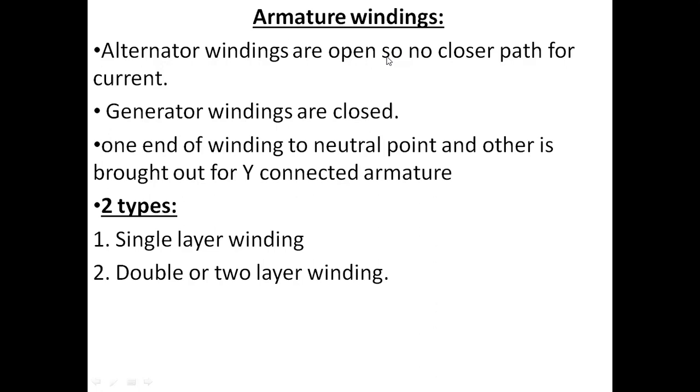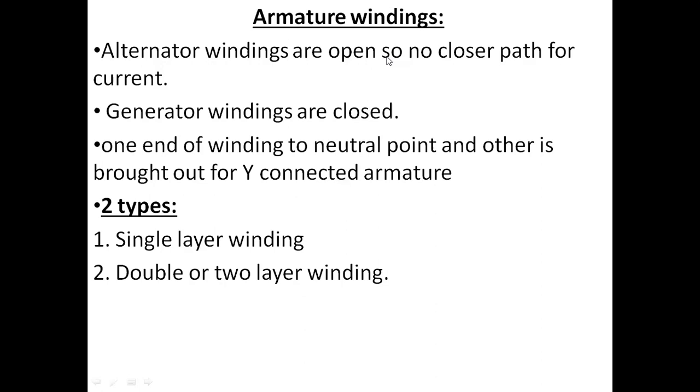So if you take one cycle of EMF induced in the conductor, as one pair of poles passes over it while rotating, the EMF through one cycle will be equal to twice the pole pitch.